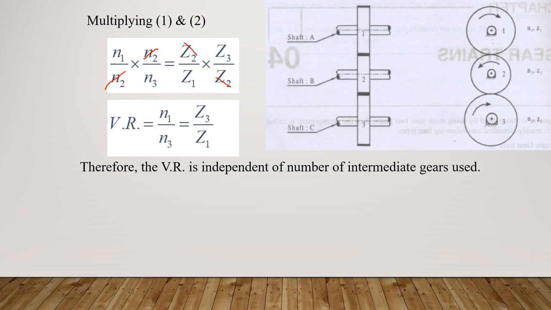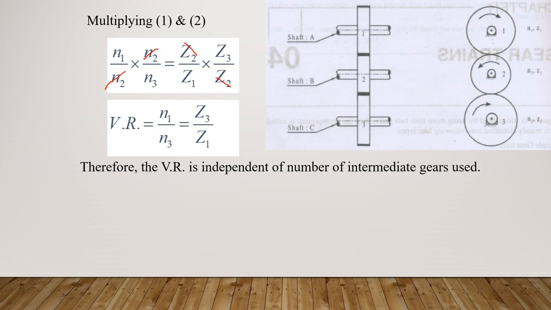If you assume a fourth gear, then gears 2 and 3 will be the intermediate gears and will not contribute to the velocity ratio, so you will have an expression related to n1 and n4. Since here only 3 gears are there, the second one will not contribute anything to the velocity ratio. This is the first inference we draw from this expression.